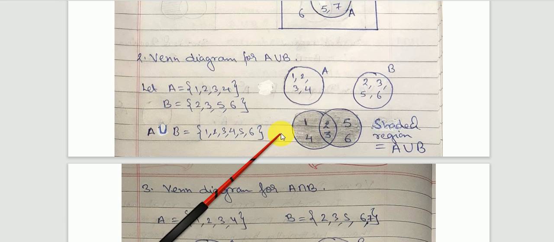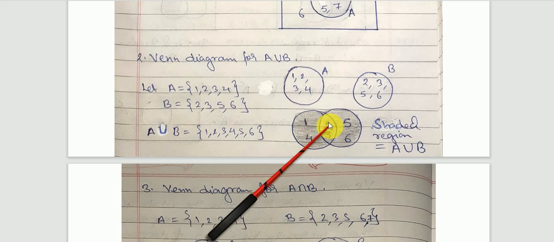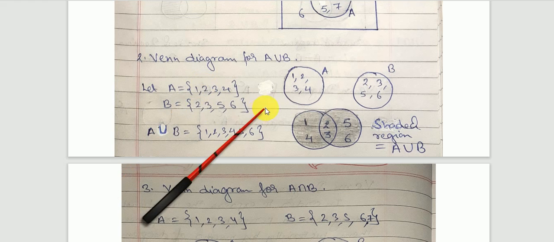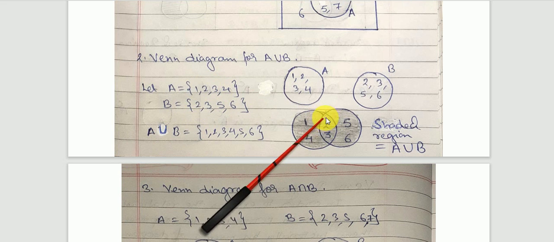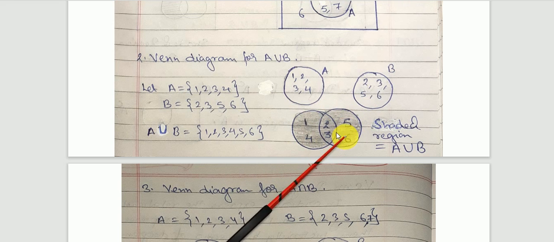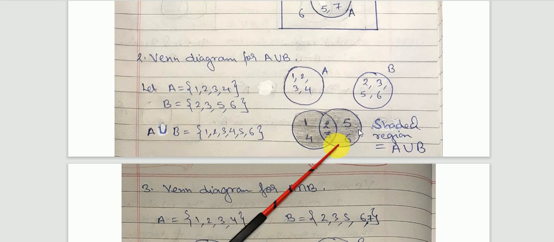So here A union B is represented by two circles intersecting each other, and in the common region you'll write all those elements which are common in both A and B. For sets A and B, 2 and 3 are common in both, that's why 2 and 3 are put in this common region. 1 and 4 are not in circle B, and 5 and 6 are not in set A, that's why they are only in their own circles. The whole thing is shaded to represent the union of A and B.